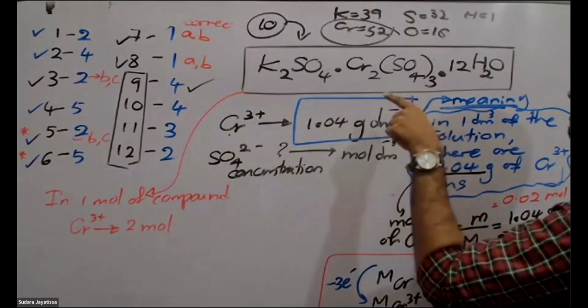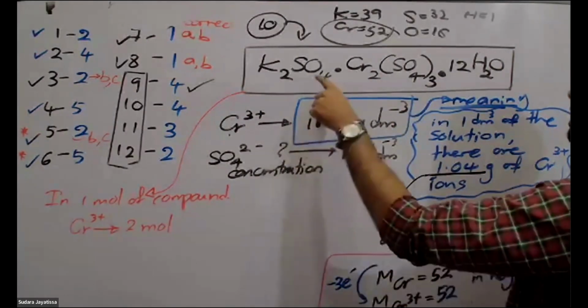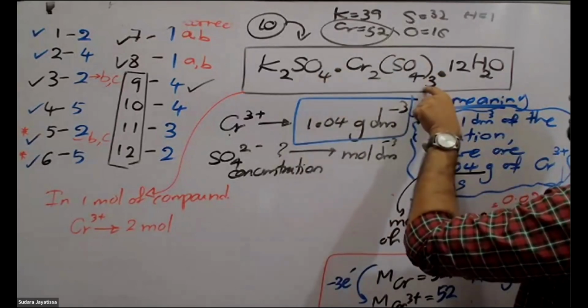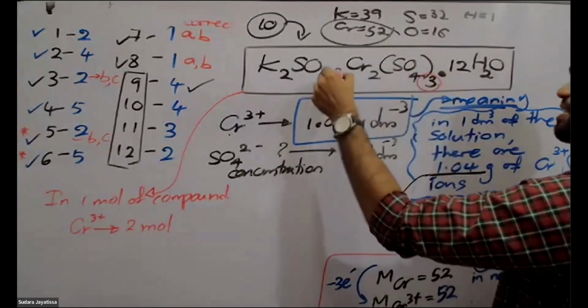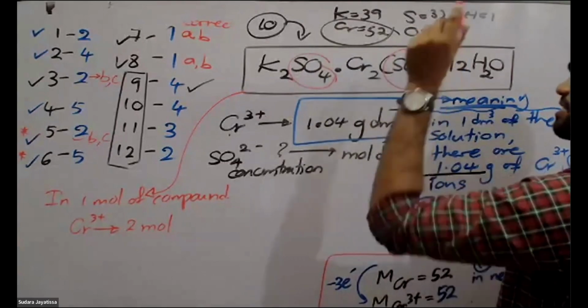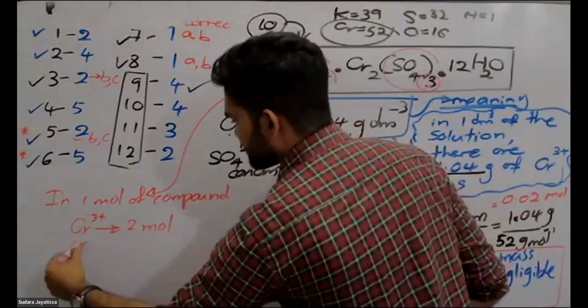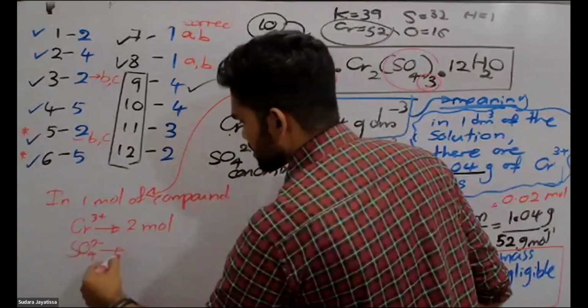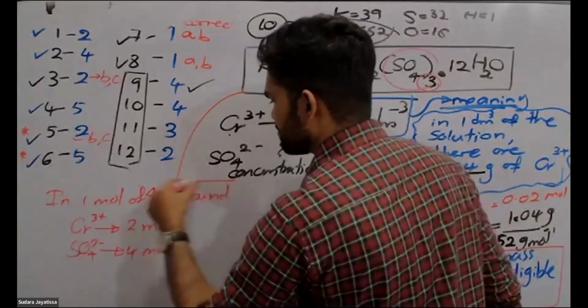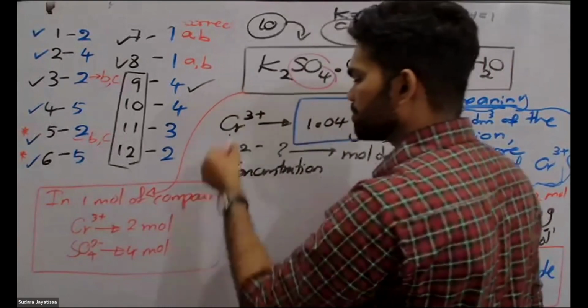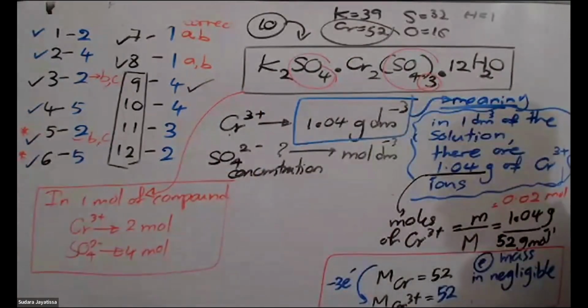Sulfate, how many do you have? Here you have 1, here you have 3. So then you have sulfate 4 moles. In 1 mole of compound, you have chromium 2 moles and sulfate 4 moles. Is that clear to you all?